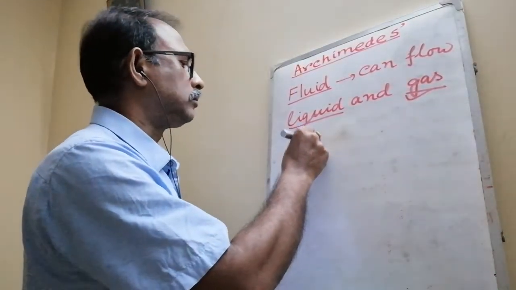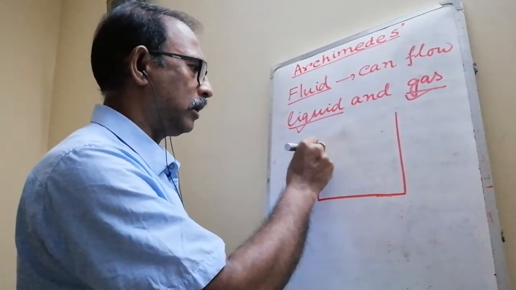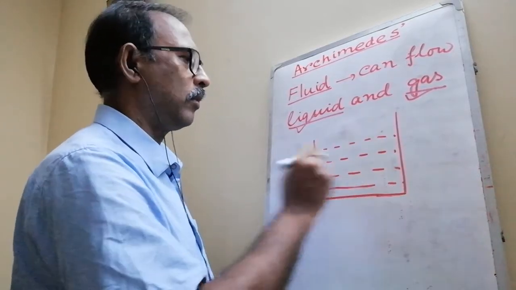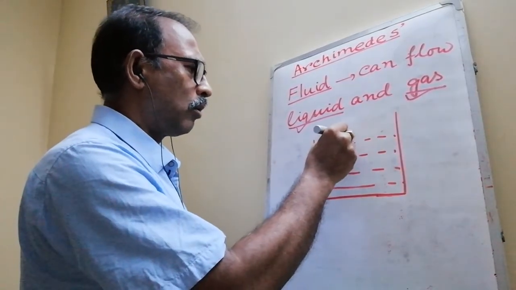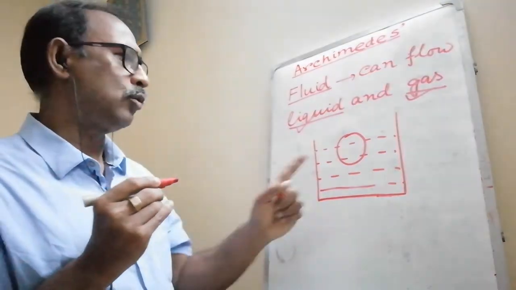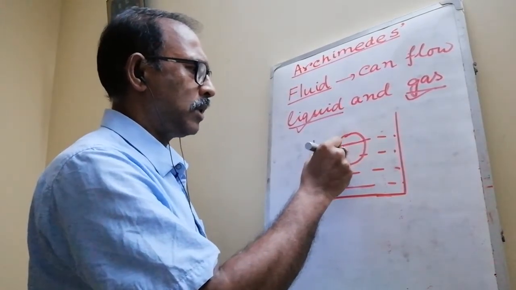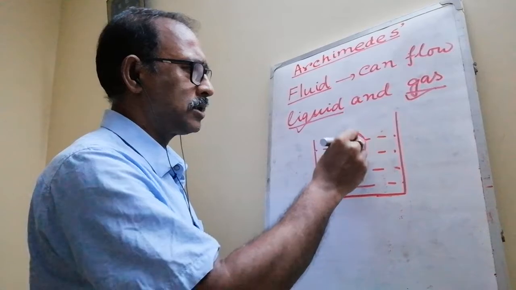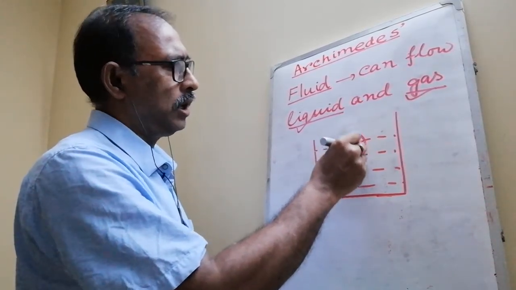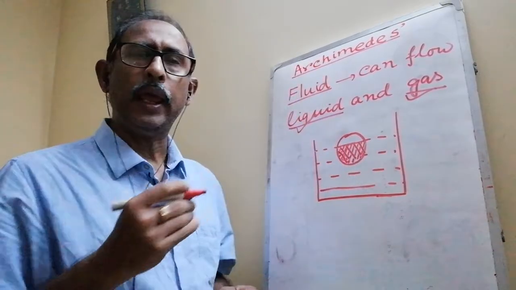Here, say I take a fluid, a liquid. If you immerse an object into that liquid, I immerse it here partly. This part of the solid is immersed into the liquid, and this portion remains in air.